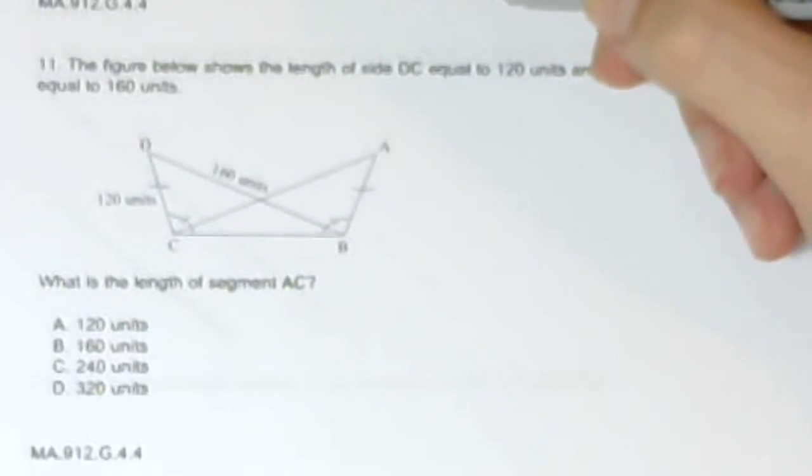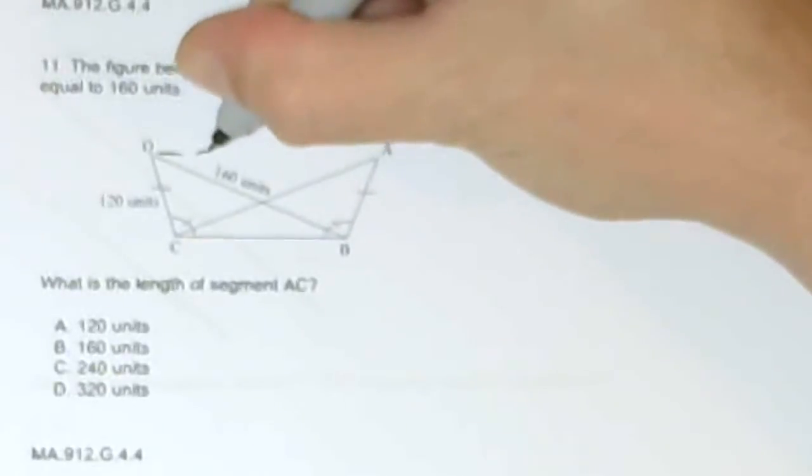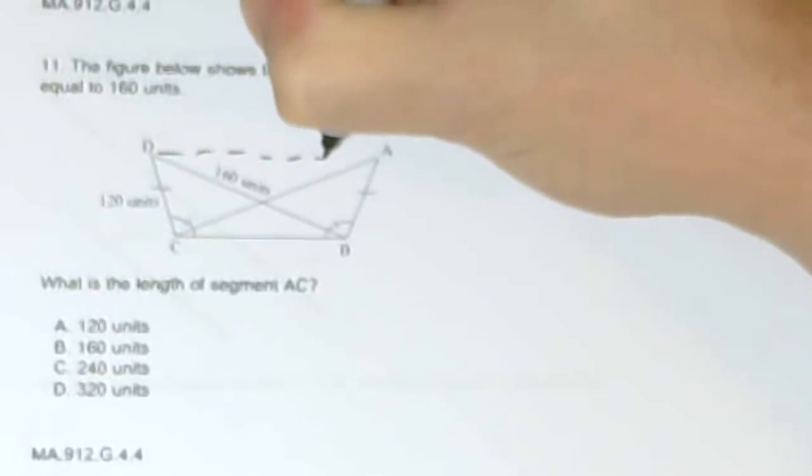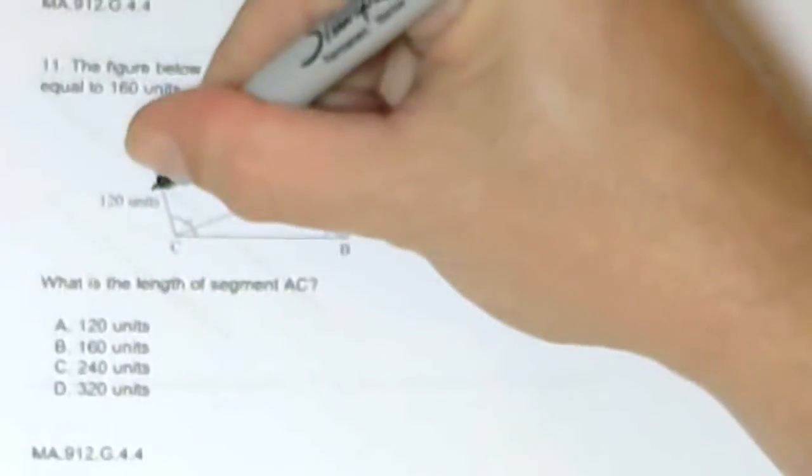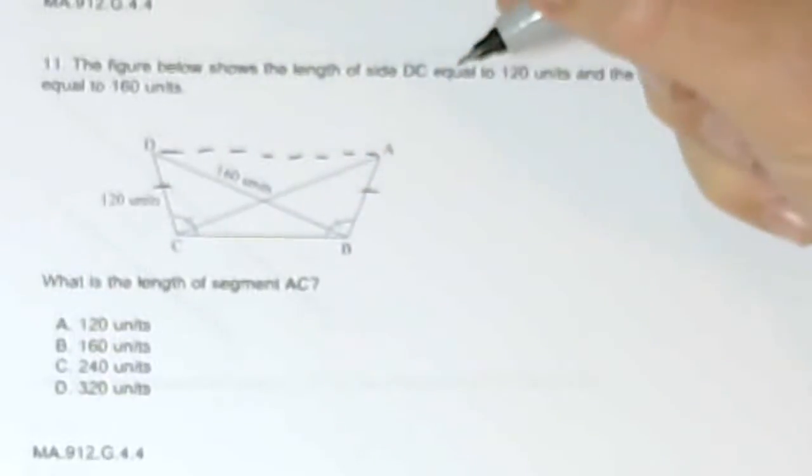Well, basically the easiest way I can explain this is, you have to be a little careful when you draw things that aren't on the figure, but if I connect D to A, I get a trapezoid. And these marks tell me that it's an isosceles trapezoid.